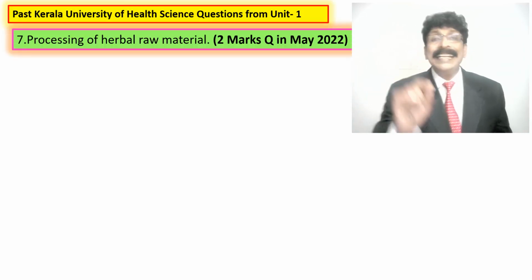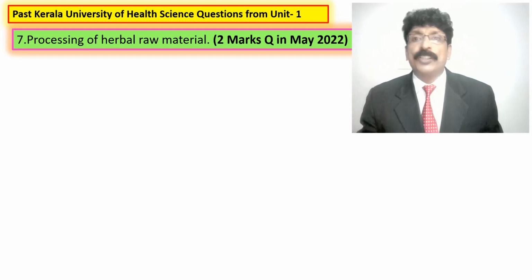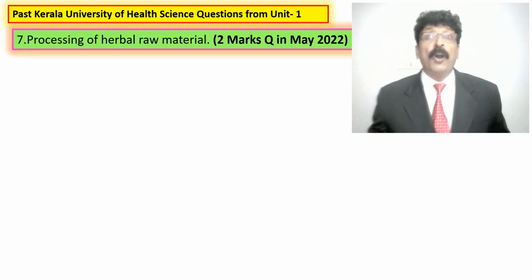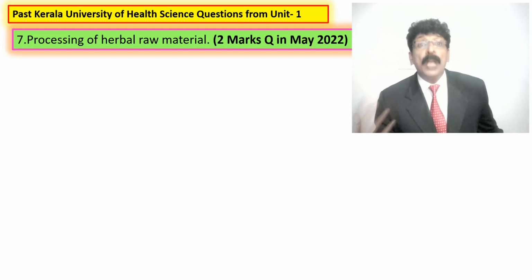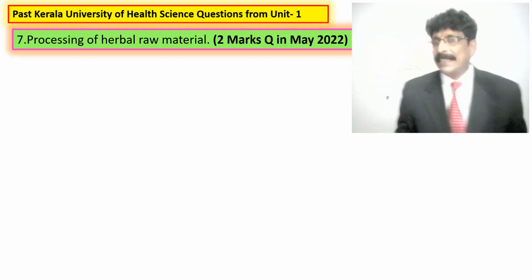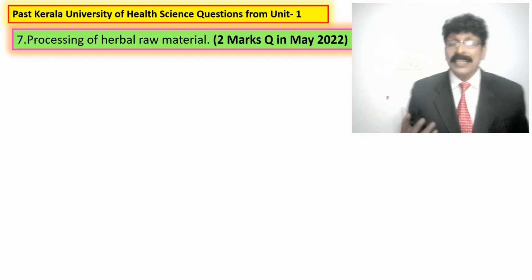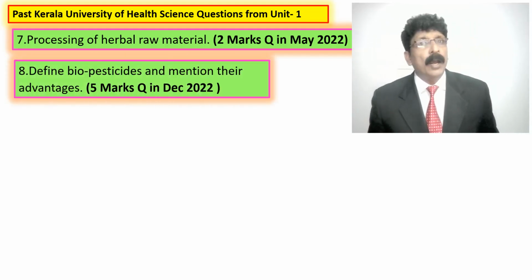And in May 2022, again in the same question paper, a 2 mark question: processing of herbal raw material. They asked about the different categories for a 2 mark question.